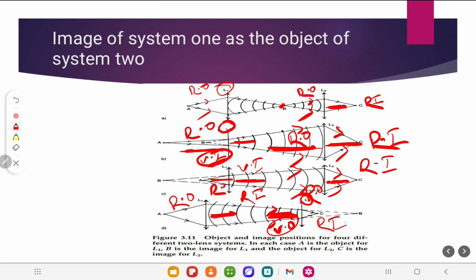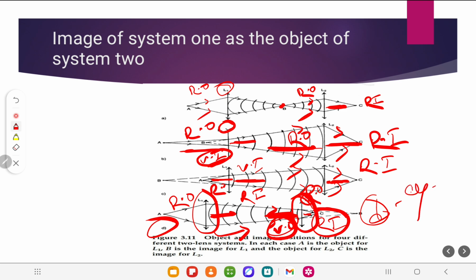A real image, because in L2 image space the light is converging. So for this D picture you can understand that the image formed by L1 is a real image. Now the real image serves as a virtual object for L2, and the virtual object again forms a real image. This D picture is exactly how our eye works. So that's how we understand what is a real object, real image, virtual object, virtual image.